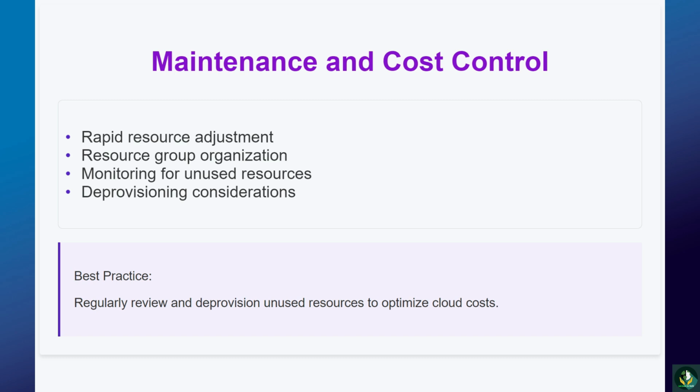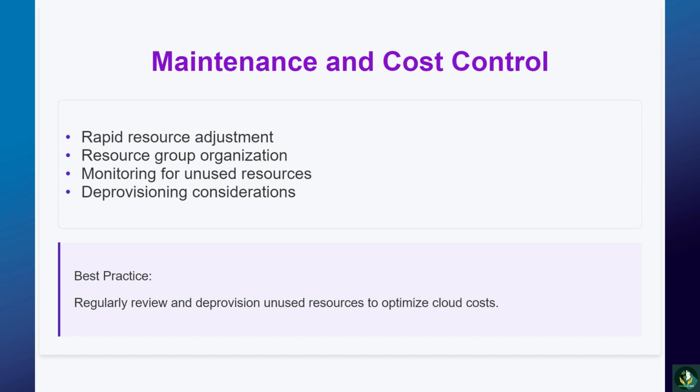To mitigate this risk, it's essential to implement a regular review process for your Azure resources. This maintenance routine should include identifying unused or underutilized resources, verifying that all components of deprovisioned services have been properly removed, right-sizing resources based on actual usage patterns, and implementing automation to shut down or scale back resources during periods of low demand.